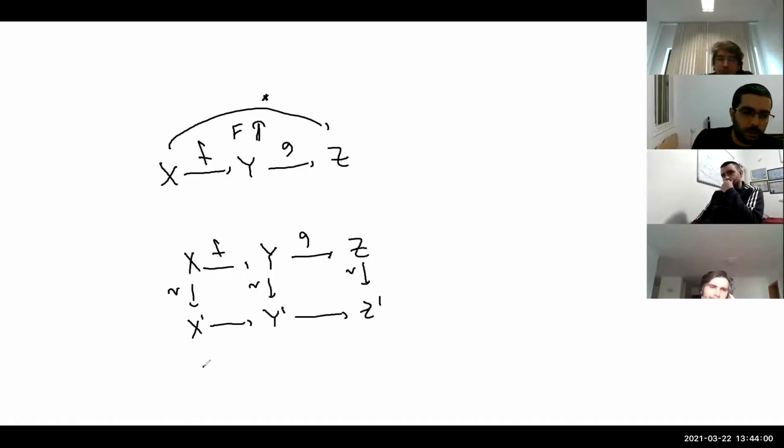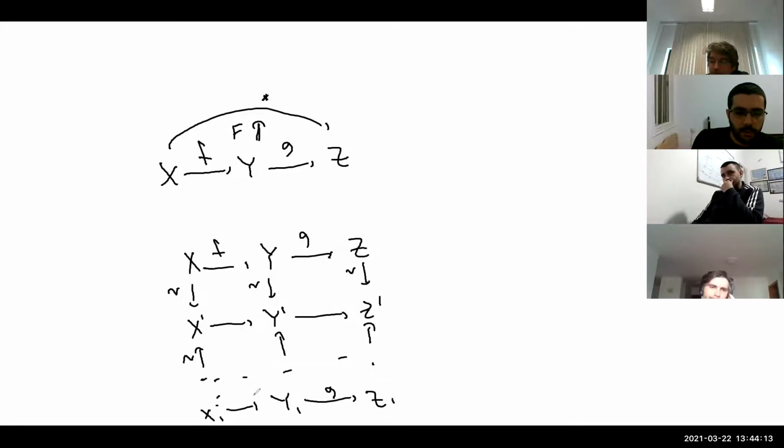And here we get another representative of the same diagram where the composition is not just null homotopic, but exactly zero.